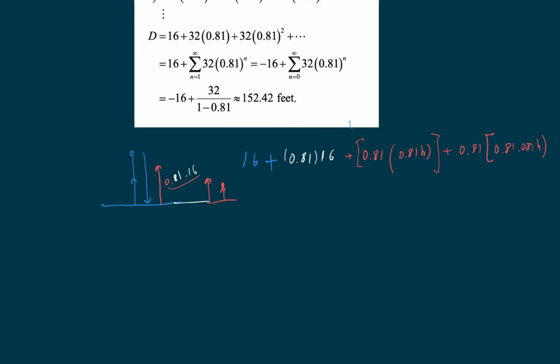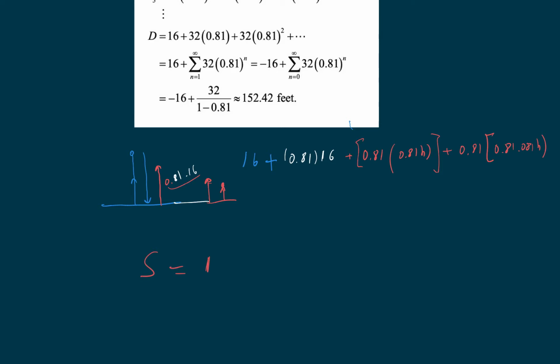So I have a sum that will go on infinitely many times, and eventually it will stop. Eventually the position will be at the floor. This is a good question.